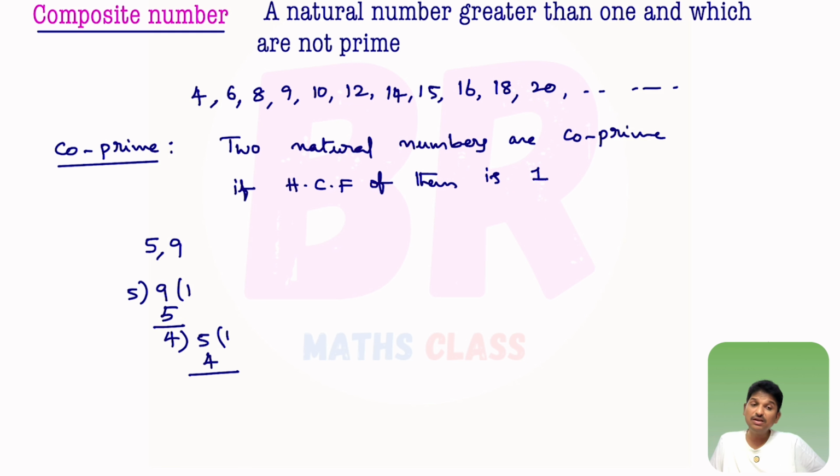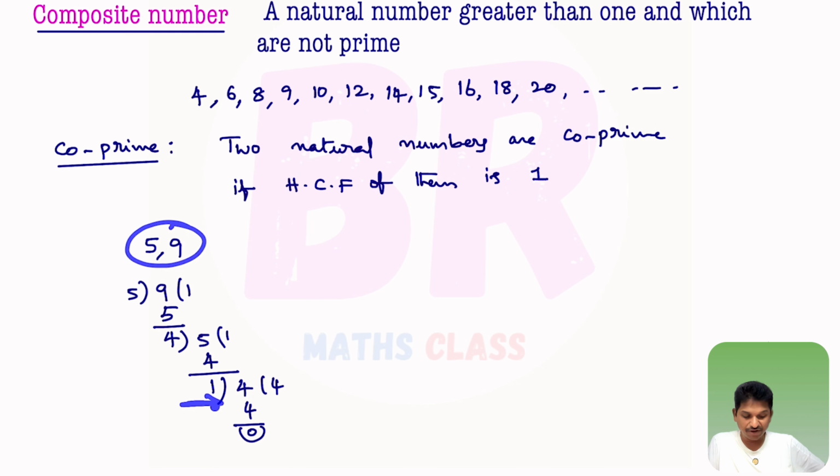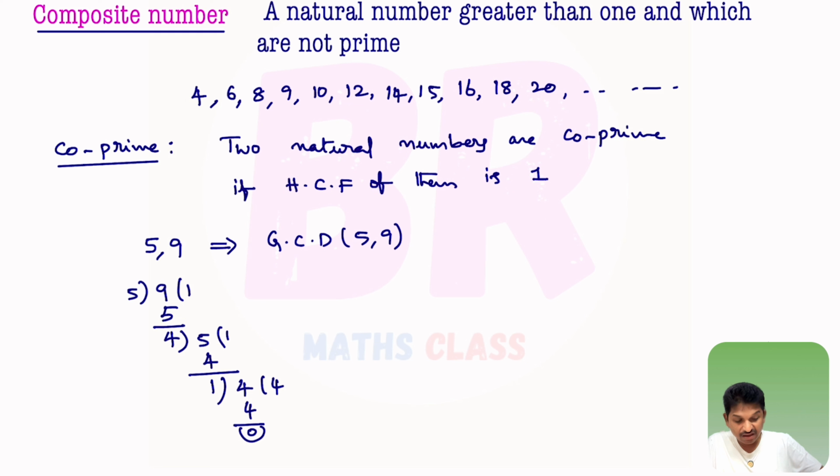Continue this until you get remainder 0. 4 ones are 4, remainder is 0. Once you get remainder 0, the last divisor is the highest common factor. So the highest common factor of 5 and 9 is 1. This tells you that the numbers 5 and 9 are coprime.